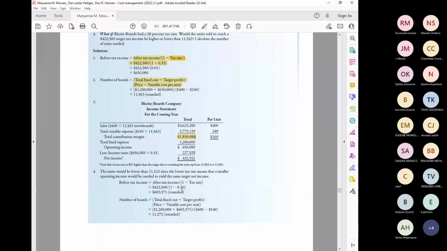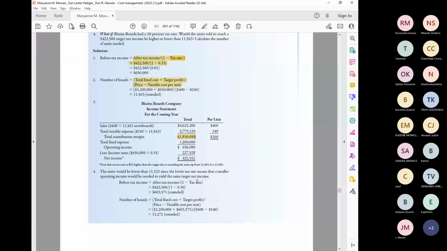So before tax income equals after tax income divided by 1 minus tax rate. So our after tax income is 422,500 divided by 1 minus 0.3. Where did you get the 0.3? It's the given tax rate. 30% is 0.3.